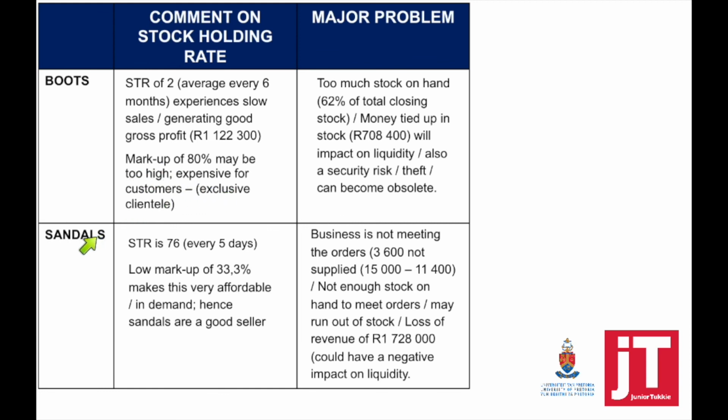If we look at sandals, stock turnover rate is 76. Low markup percentage makes this very affordable. If we're looking at the major problems, too much stock on hand, 62% of total closing stock, money tied up in stock. This will impact on liquidity. Also, a security risk that stock can get stolen and can become obsolete.